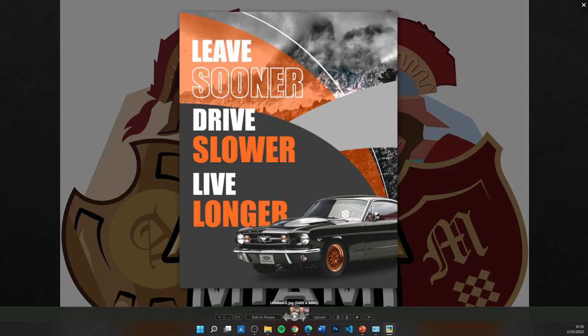So to compensate, since the car is on the right side, we need to put all of the other elements, which is the text, on the left side to balance the car. If we move this text to the right side, it will feel like the right side is too heavy for the design.